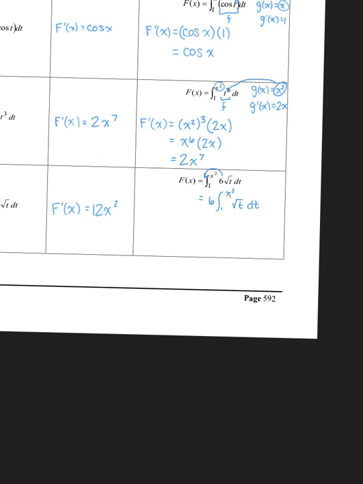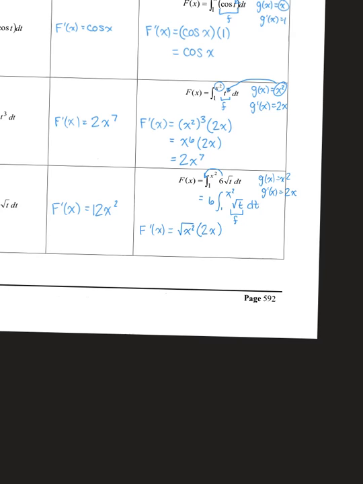Okay. So the x squared is our g of x, which means that g prime is 2x. Okay, and this is the f. So f prime of x, you plug your x squared into f, so you have the square root of x squared times g prime, which is 2x.